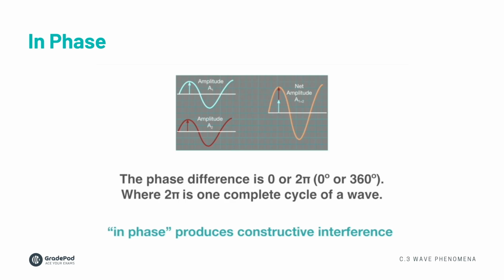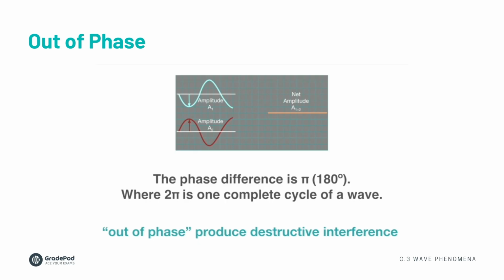Let's go back to this idea of destructive interference, and we're comfortable with this picture already. This time, however, the two waves are not in the same phase. This wave is either half a wavelength ahead or half a wavelength behind the wave below. That means that their phase difference is half a wavelength.